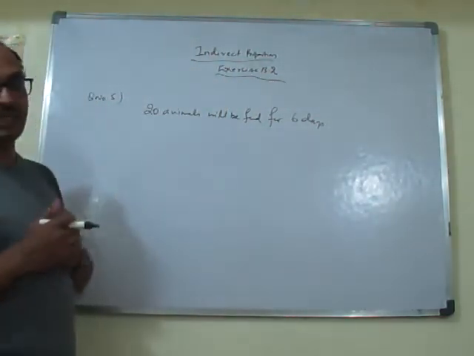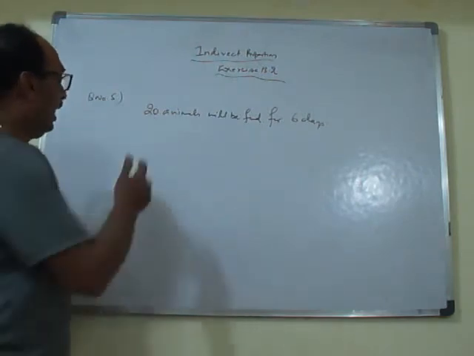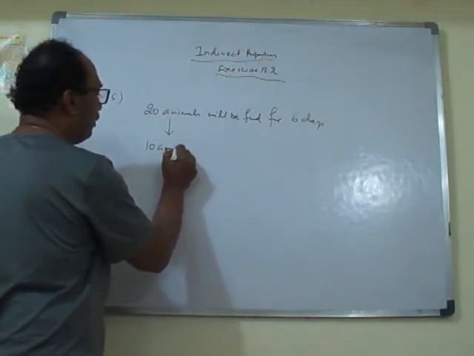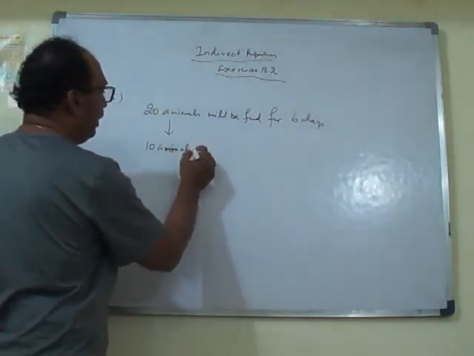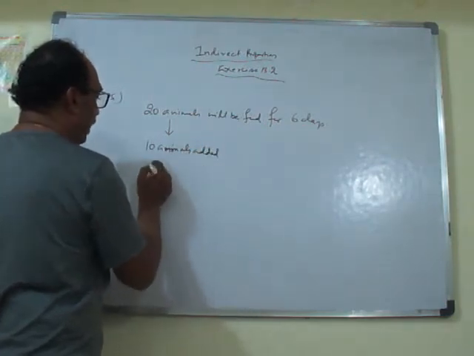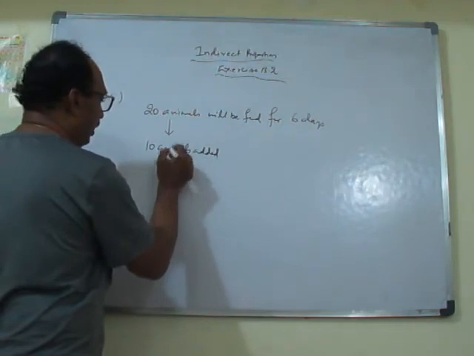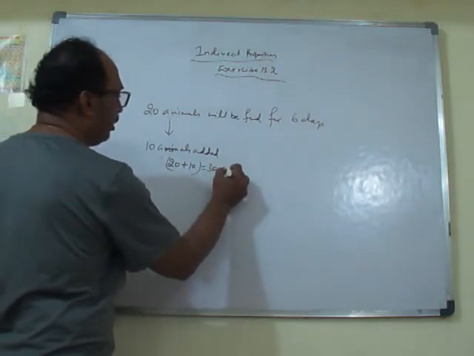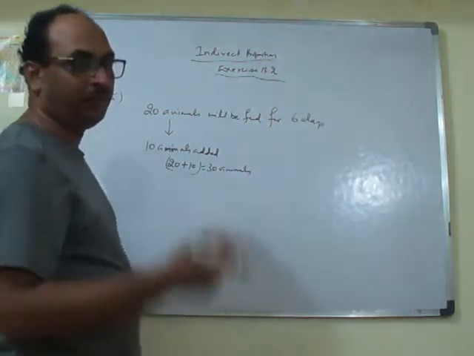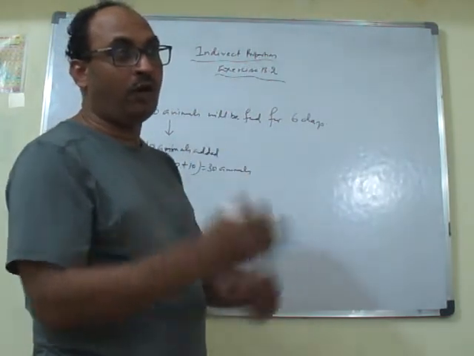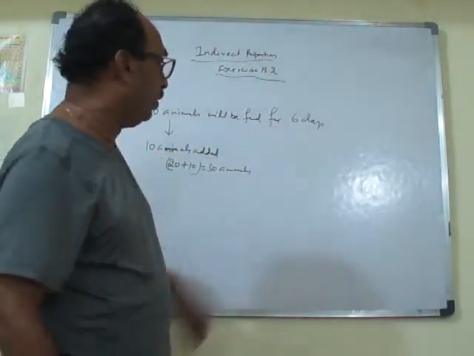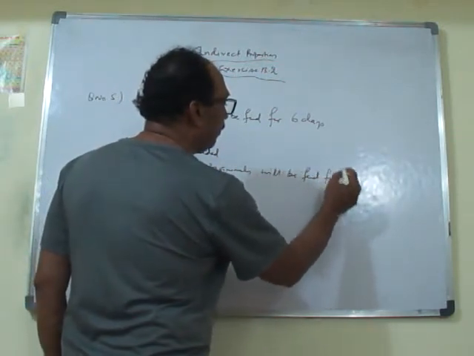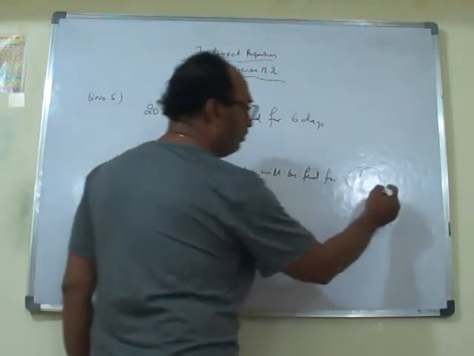So now 20 animals are there, 10 more animals will get added. Therefore, at present the number of animals will be 20 plus 10, which is equal to 30 animals. So how long would the food last? Means we need to find how many days 30 animals will be fed.